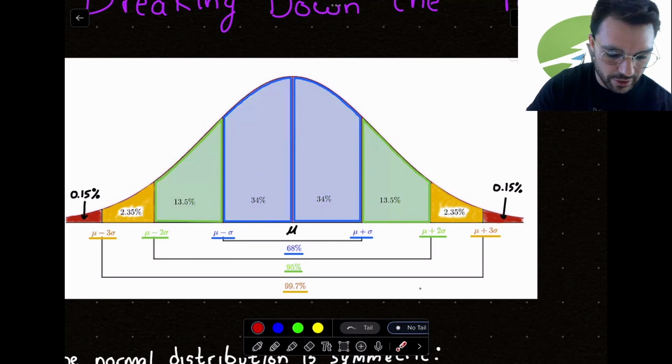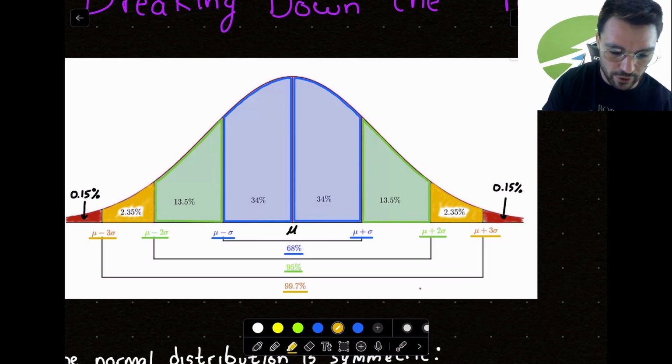And lastly, we have the mean minus 3 standard deviations to the mean plus 3 standard deviations. Likewise with this area, between plus 2 standard deviations and plus 3 standard deviations accounts for 2.35% of the data. Likewise, from minus 2 standard deviations to minus 3 standard deviations is another 2.35% of the data.